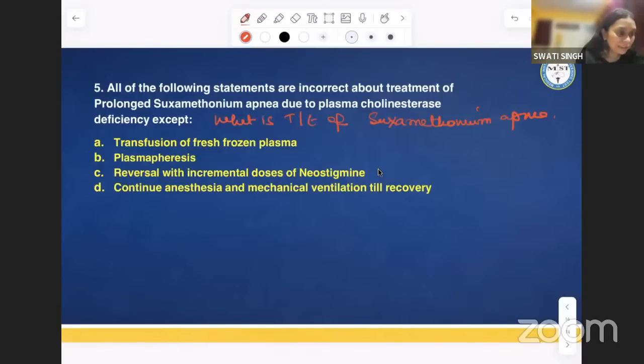Which is correct? Correct treatment of Suxamethonium apnea. So none of you are giving me the right answer. I'm waiting. Yes, Lily, you are correct. That's the right answer. Yes, Vishal, you are also right.